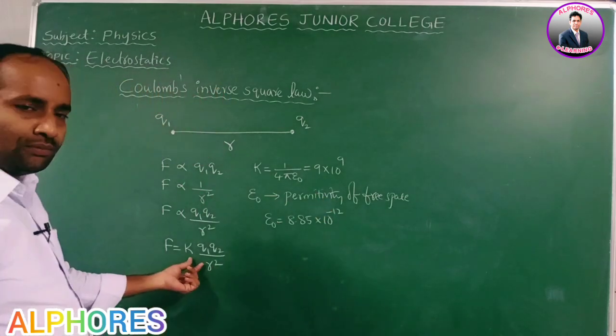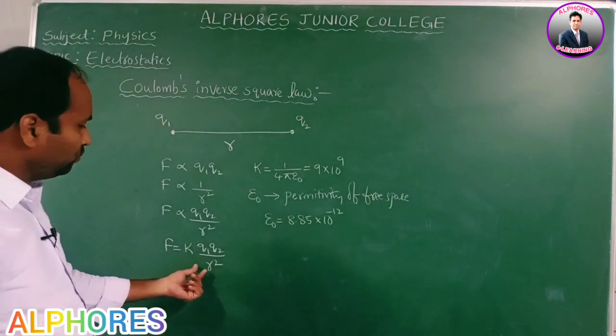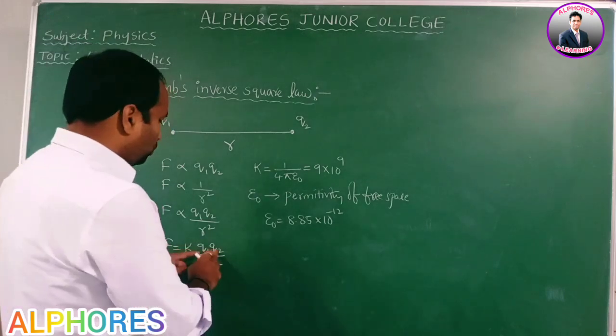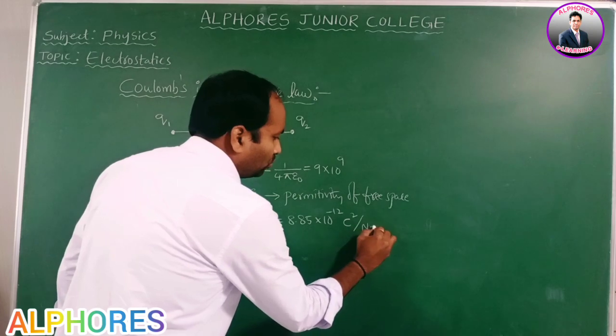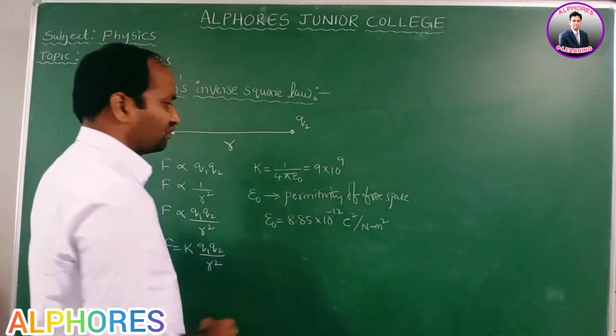From these equations, the units can be written as Coulomb square per Newton meter square.